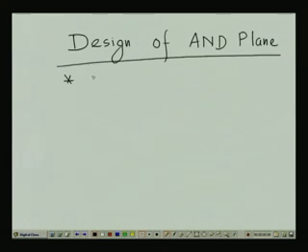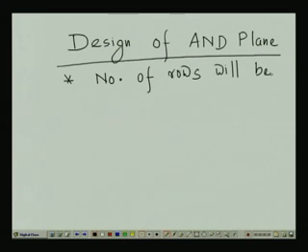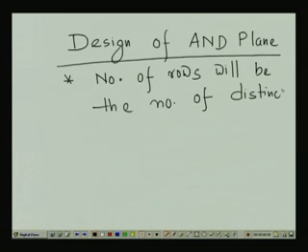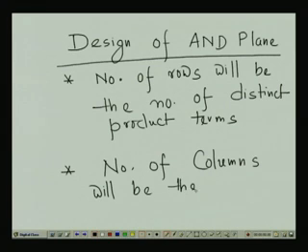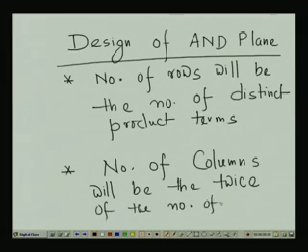The number of rows will be the number of distinct minterms or product terms, and the number of columns will be twice the number of input variables.